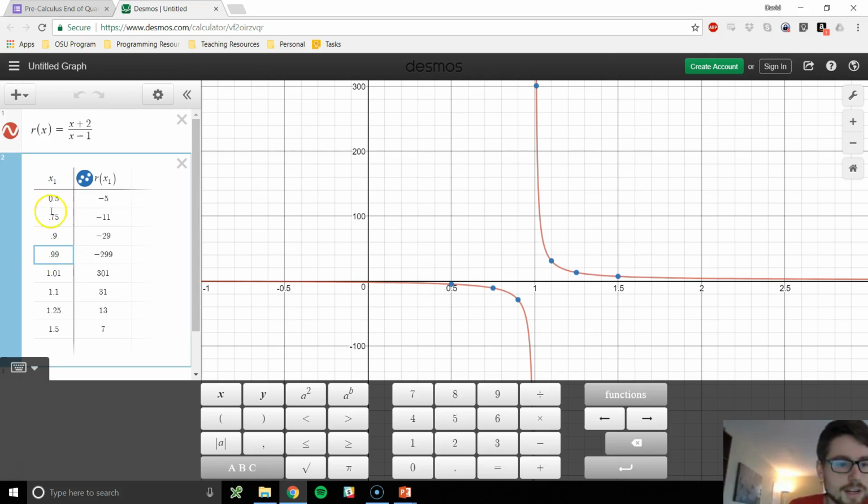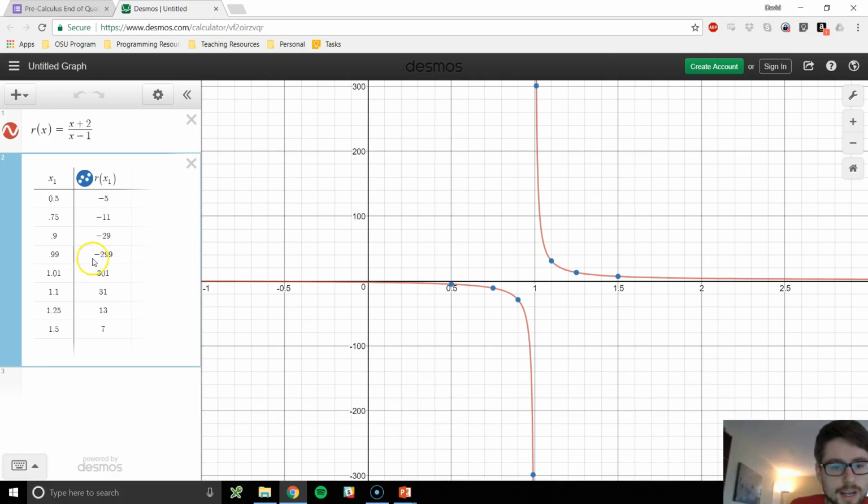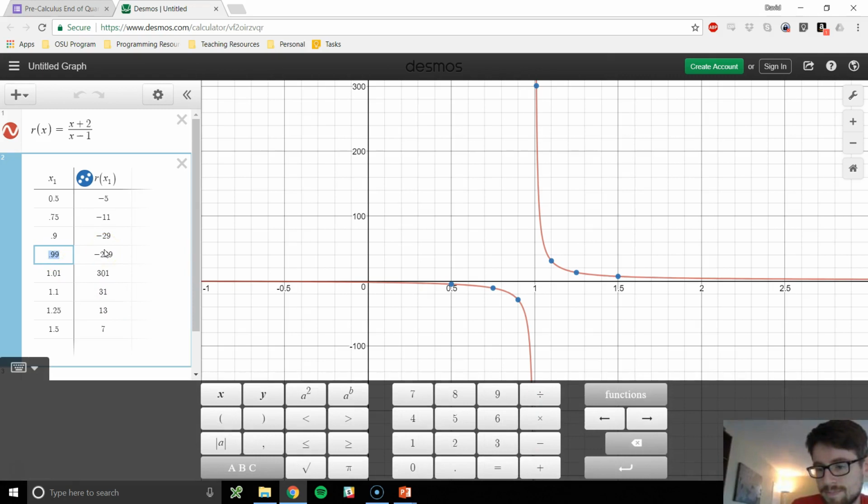These are getting very, very close to 1, right? 0.99 is only 1/100th of a way from 1. And we can see the outputs are getting more and more negative as we get closer and closer to 1. So it's getting very large and negative as we plug in numbers that are smaller than 1.